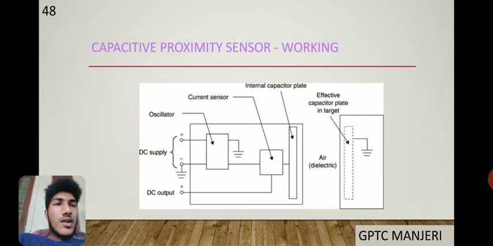There is an internal capacitor plate and an equivalent capacitor plate in the target, the oscillator, and the current sensor. It is used for both metallic and non-metallic objects, detecting their presence.